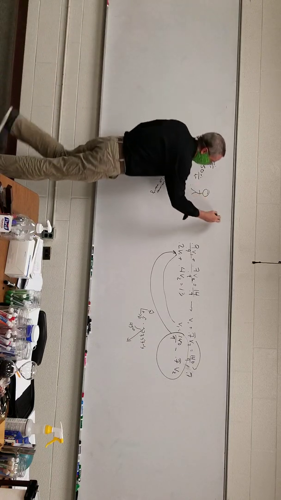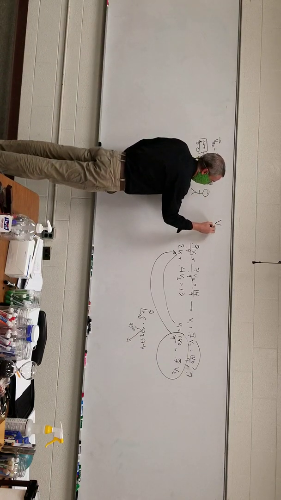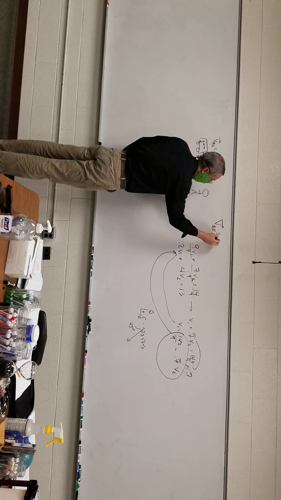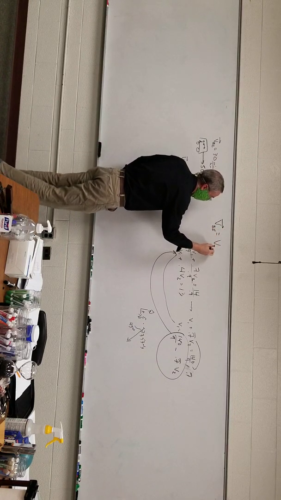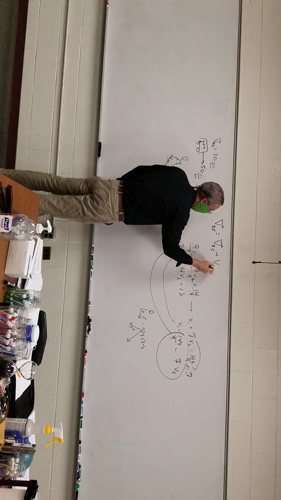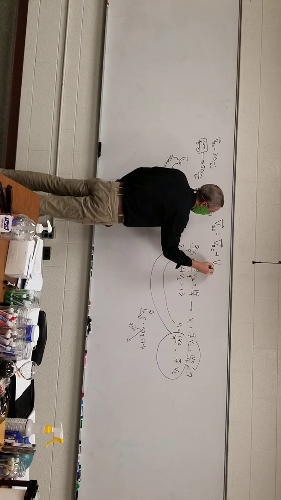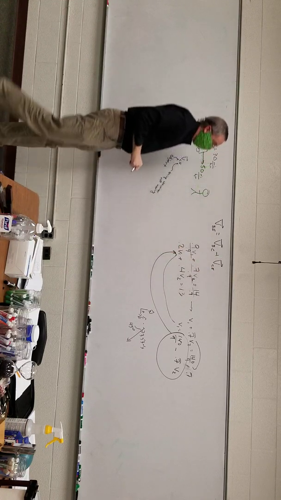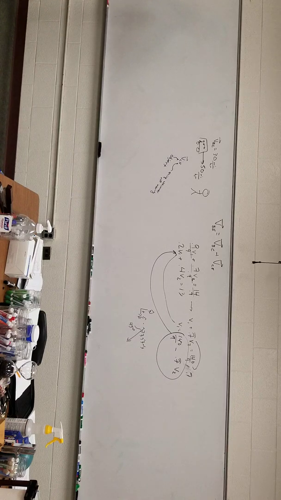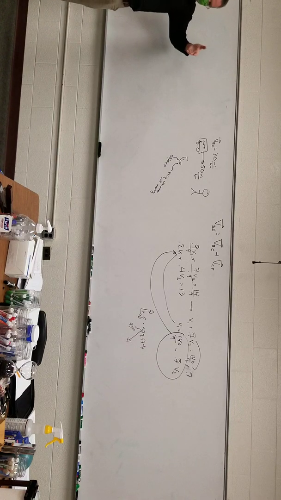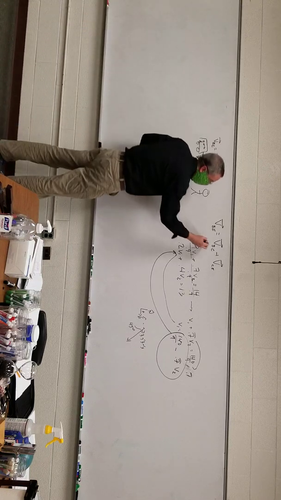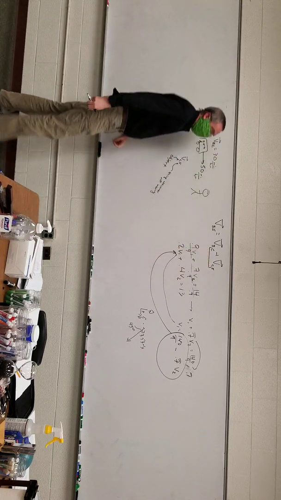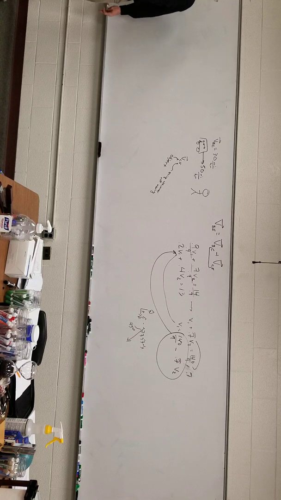So the velocity of the ball relative to the Earth is the velocity of the ball relative to the car plus the velocity of the car relative to the Earth. In Galilean relativity, this is a basic structure. When you're doing one thing with respect to another, as long as those are the same, it's valid.